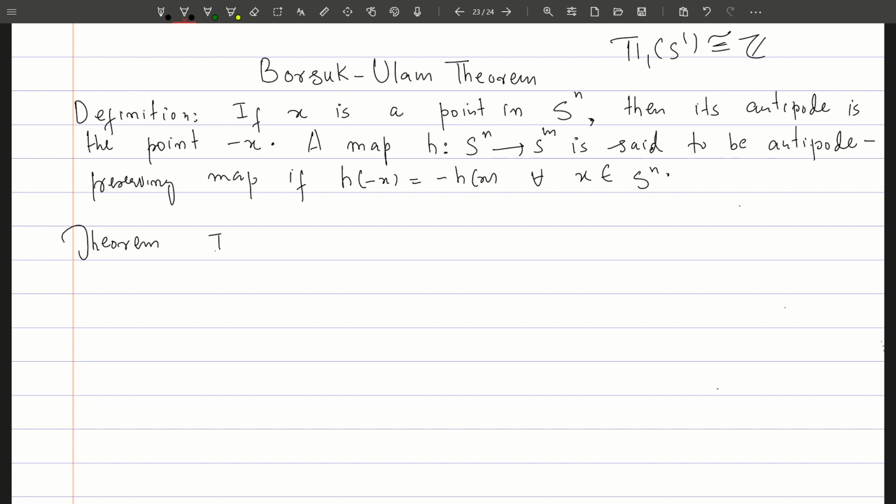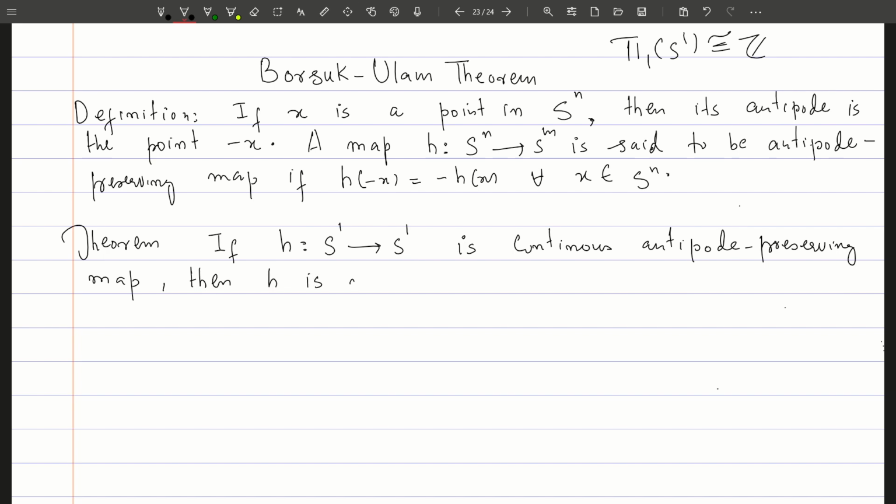Now we have this theorem here. If h from S1 to S1 is a continuous antipode preserving map, then h is not null homotopic.